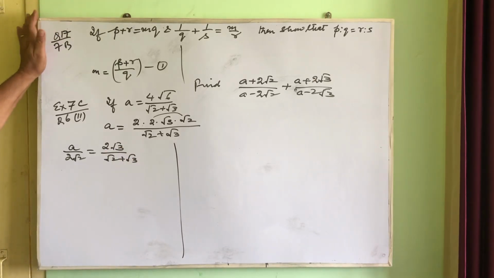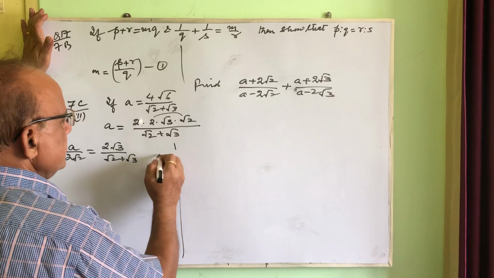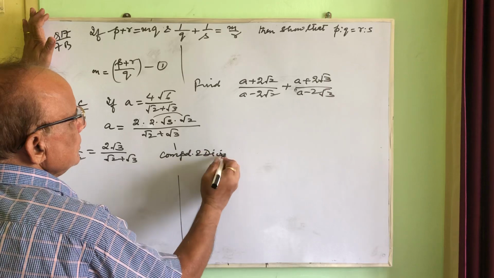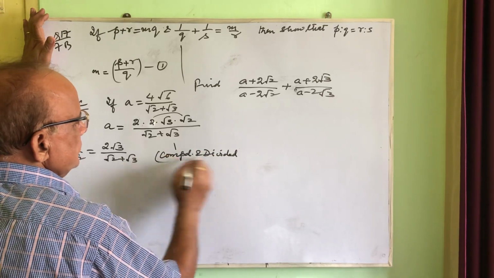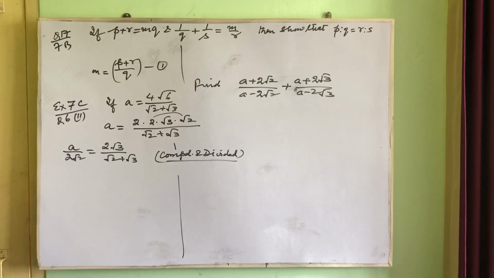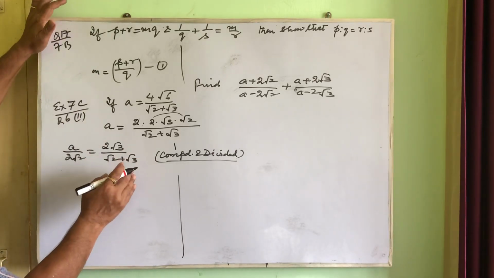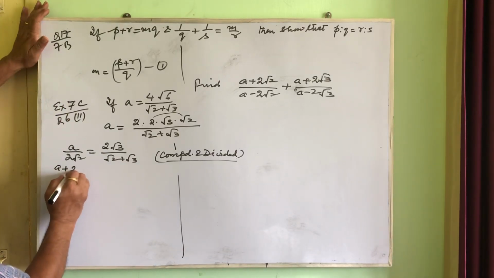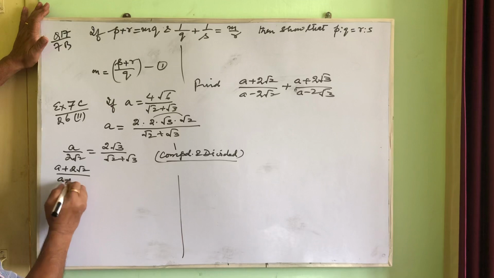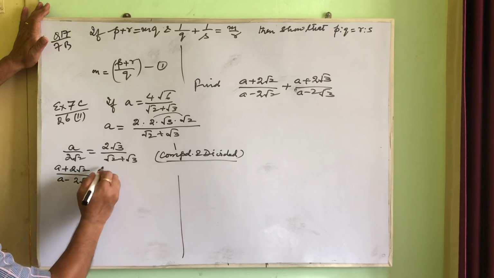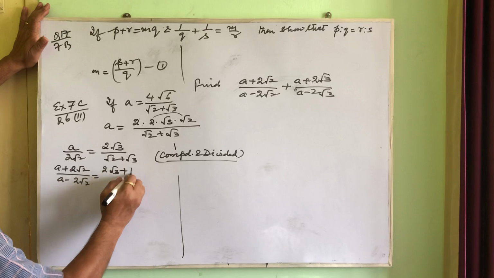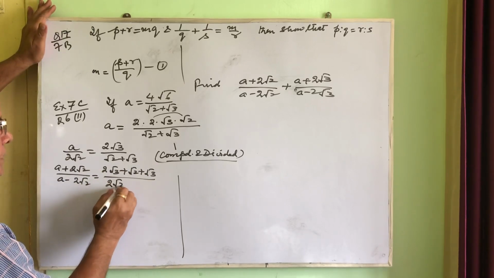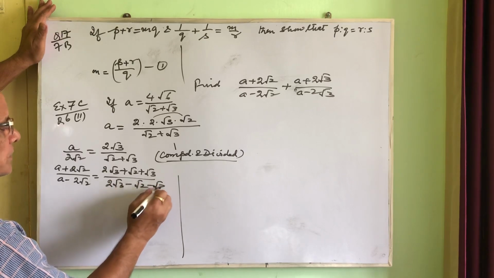Now apply componendo and dividendo, both the cases. Here numerator plus denominator by numerator minus denominator. a plus 2 root 2 by a minus 2 root 2 is equal to 2 root 3 plus root 2 plus root 3 by 2 root 3 minus root 2 minus root 3.